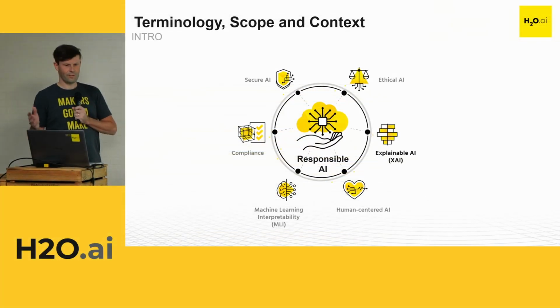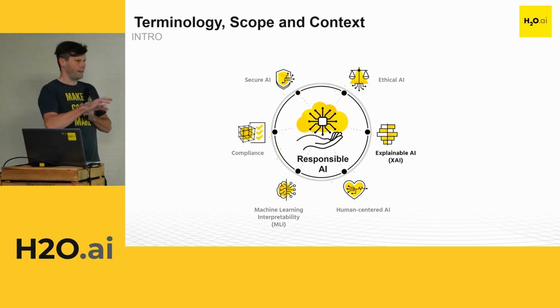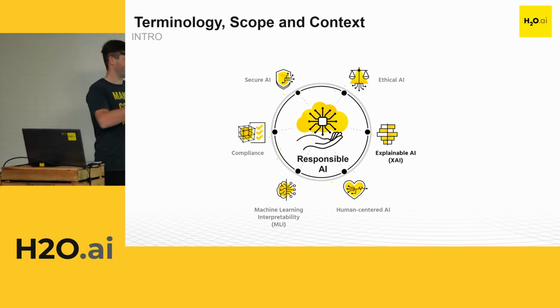And it ranges from insights into data sets to actual creation, for instance, of models using AutoML solutions, and so on and so forth. So explainable AI will be the focus of today's talk, but I will touch most of these aspects.